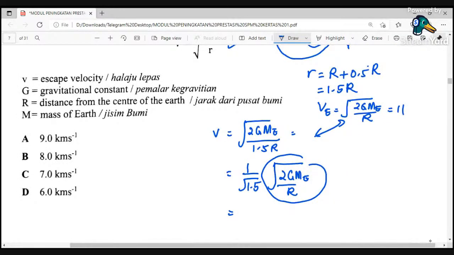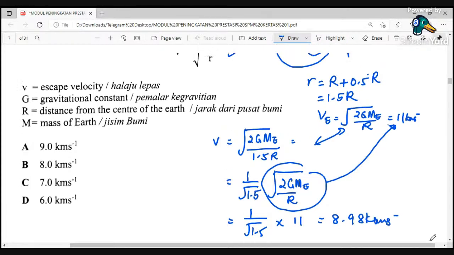You see that this one? So it means 1 over square root of 1.5 times 11. So 11 divided by square root of 1.5, we get 8.98 kilometer per second.